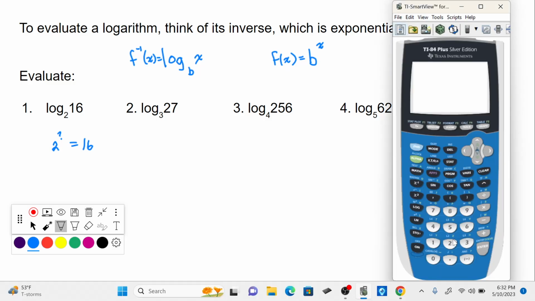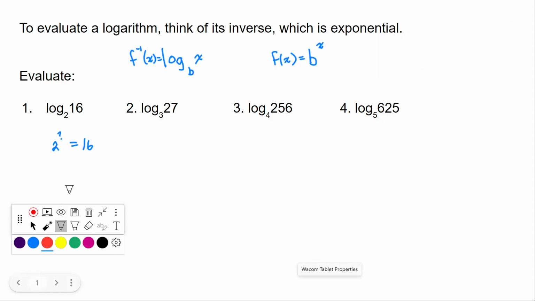We know that 2 squared is 4, so we don't really need to try that one. Let's just see what 2 cubed is. 2 cubed is 8, not there yet, so let's take 2 to the 4th power, and we end up with 16. So the value of log base 2 of 16 is going to be 4, because 2 to the 4th power equals 16.